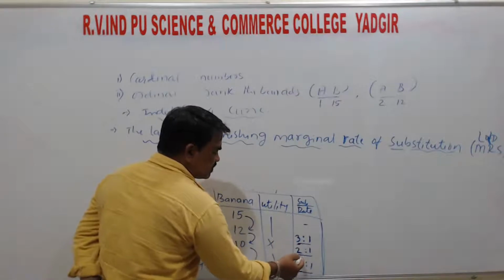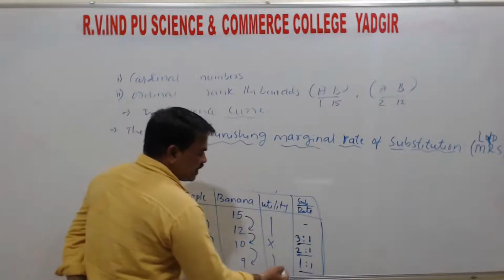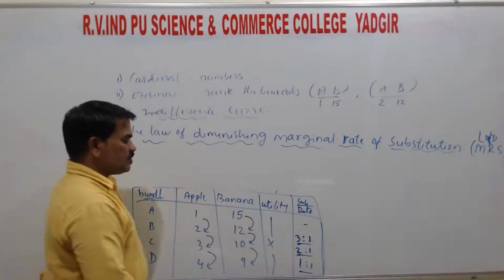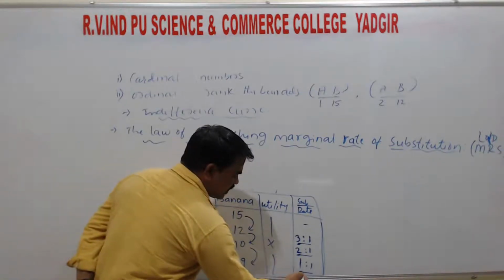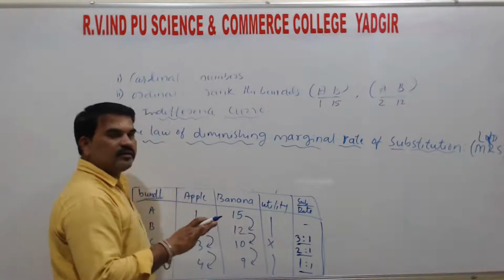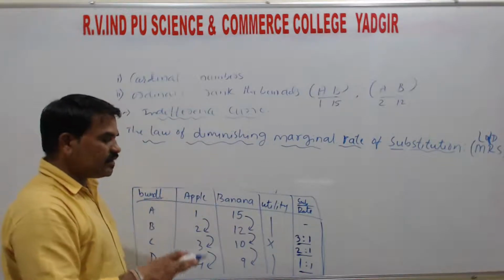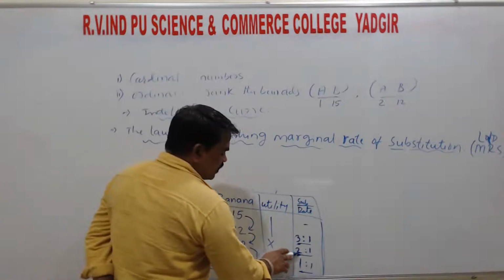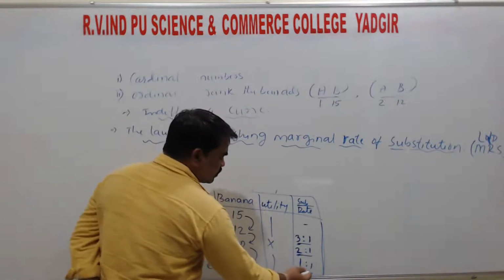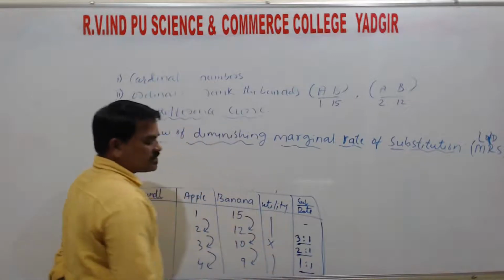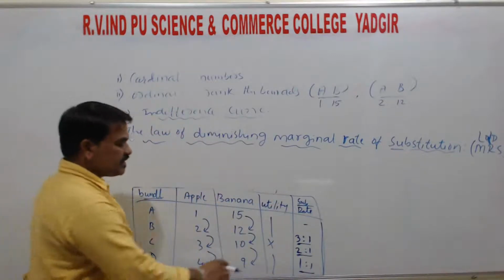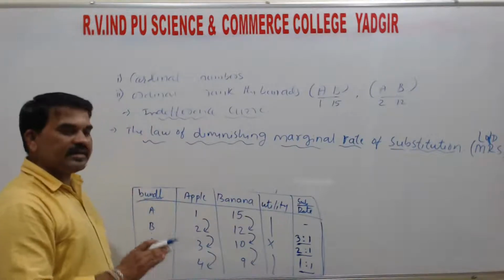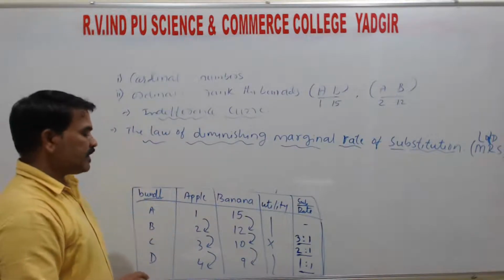Instead of 3 bananas, in the second bundle he reduced two bananas. Again, in the next bundle, the rate of substitution is still down. It has fallen, correct? From 2 to 1. So to get 1 apple, he is sacrificing 1 banana. If you see this, it is also reducing. The marginal rate is falling here, correct?